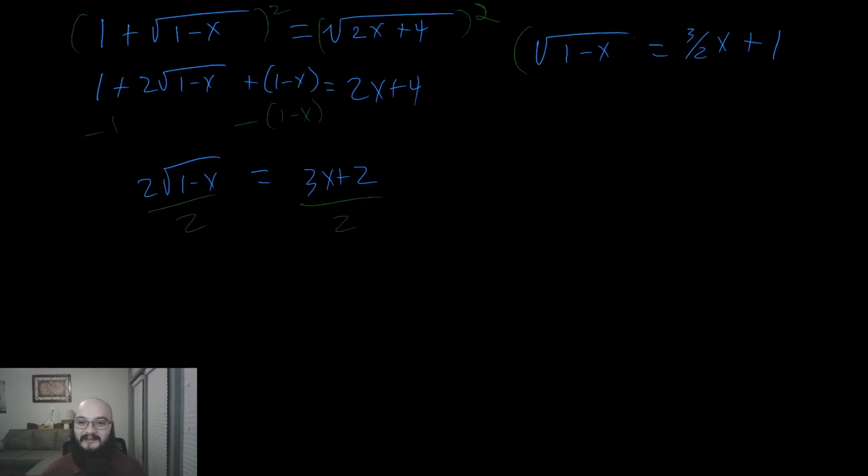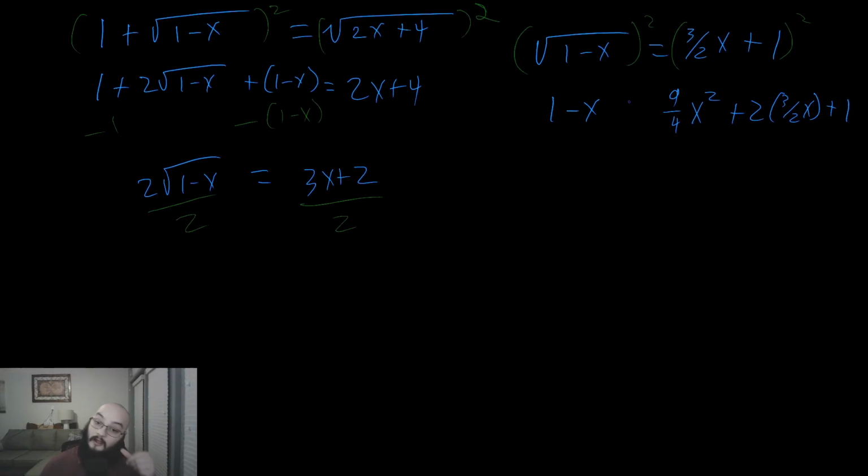So let's do that. Square this side, square this side. And on this side, we will just get the insides, 1 minus x. And on this side, we will get 9 over 4 x squared plus 2 of the 3 over 2 x's plus 1.